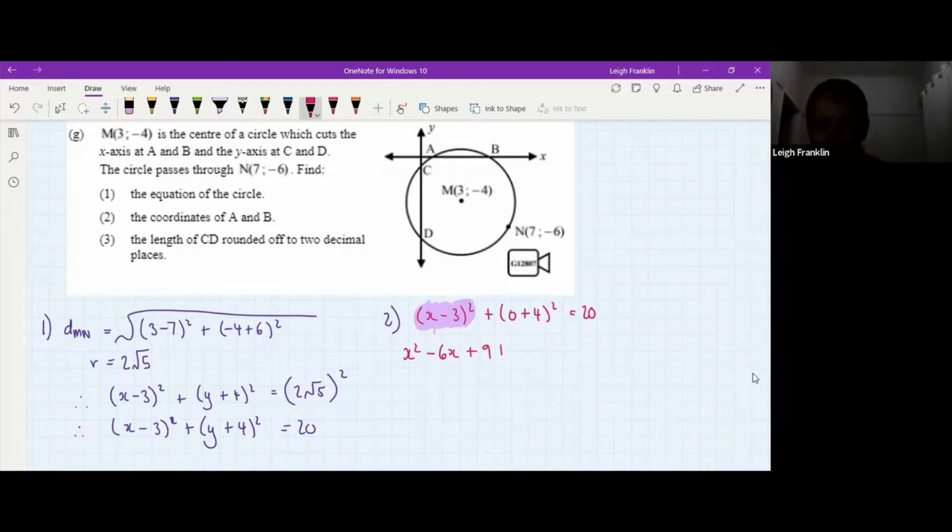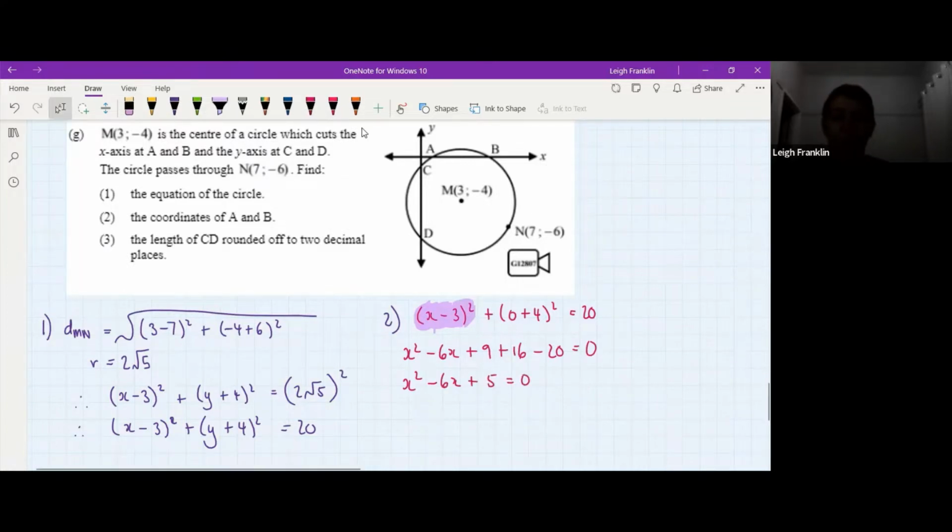Right, then here we've got plus 16 minus 20 is equal to 0. Let's get it into standard form. So that gives us x² - 6x, and in this case, 9 plus 16 would give us 25. And 25 minus 20 would leave us with positive 5.